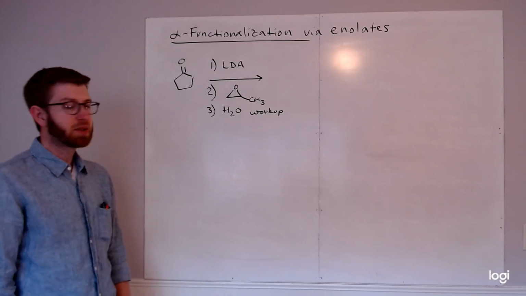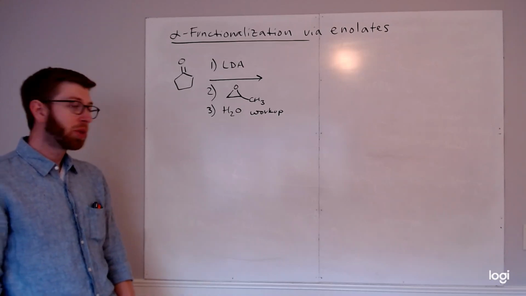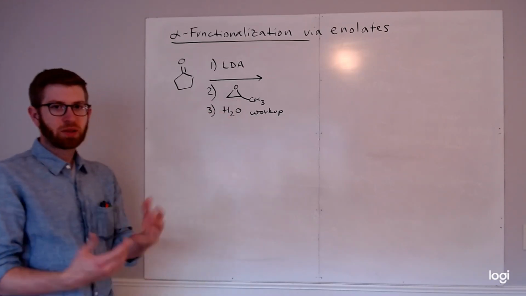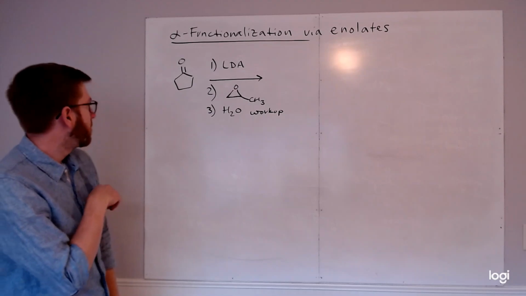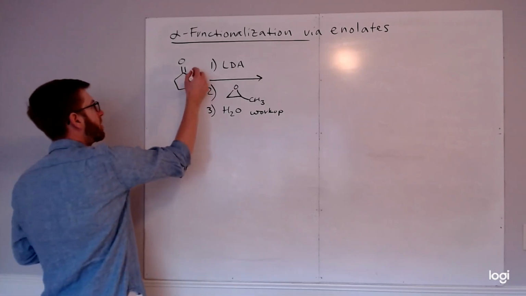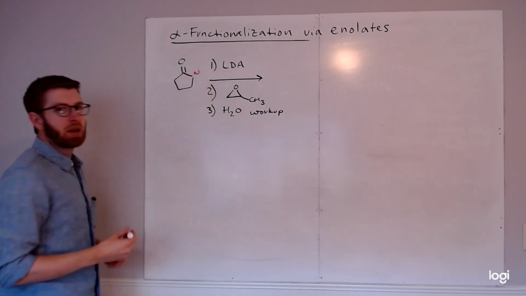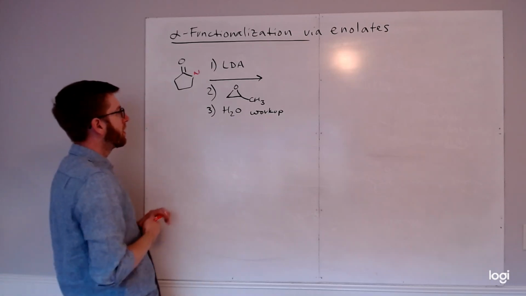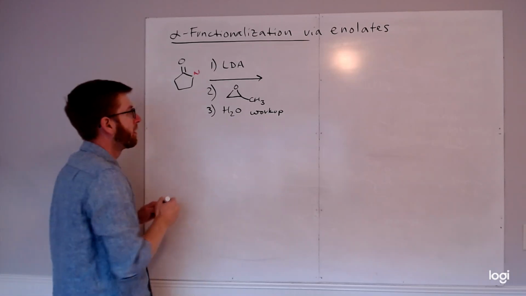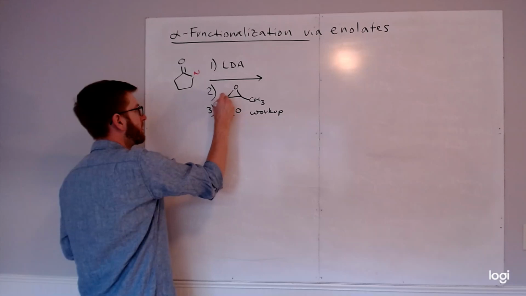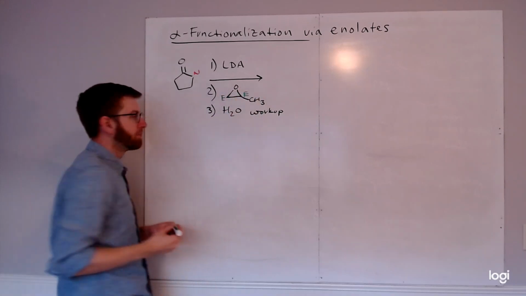which you learned last semester is electrophilic at both of the carbons of this three-membered ring. So we know that this nucleophilic position here will engage either the electrophilic position on the left or on the right.